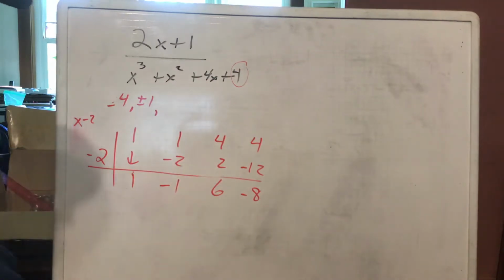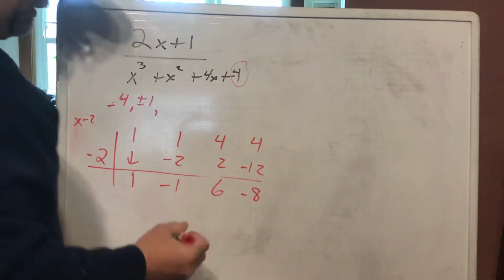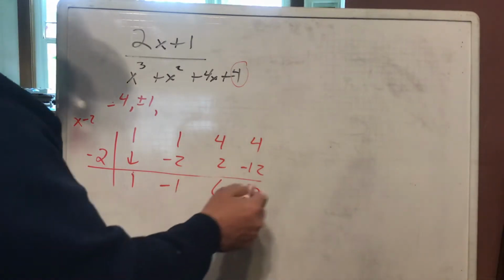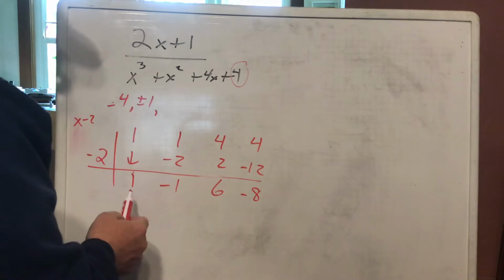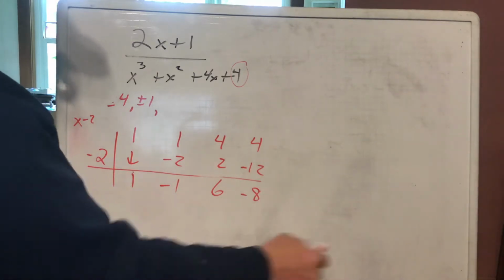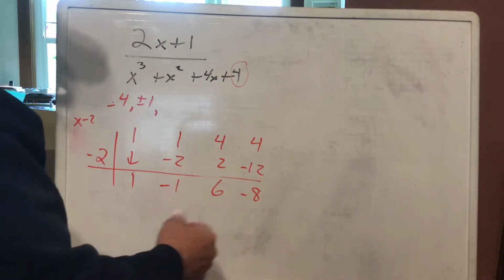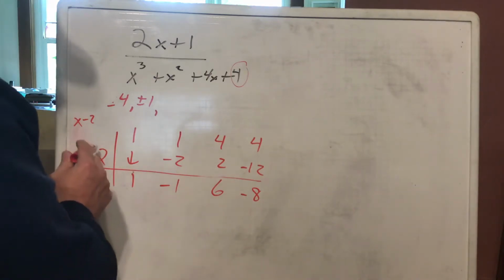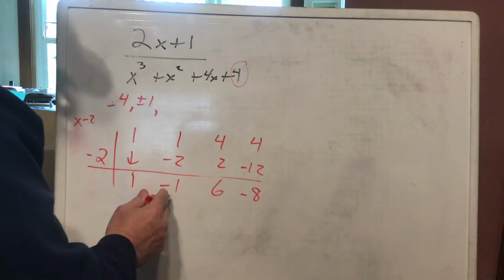In addition, I look at this and I say, well, the pattern that I have here is positive, negative, positive, negative. And the pattern that I also have is a growing pattern. When you have a growing pattern, just like the other one was a growing pattern, if I was to put a bigger number in here, then what would happen? Well, I'd have a negative 4 here, which would make a negative here.